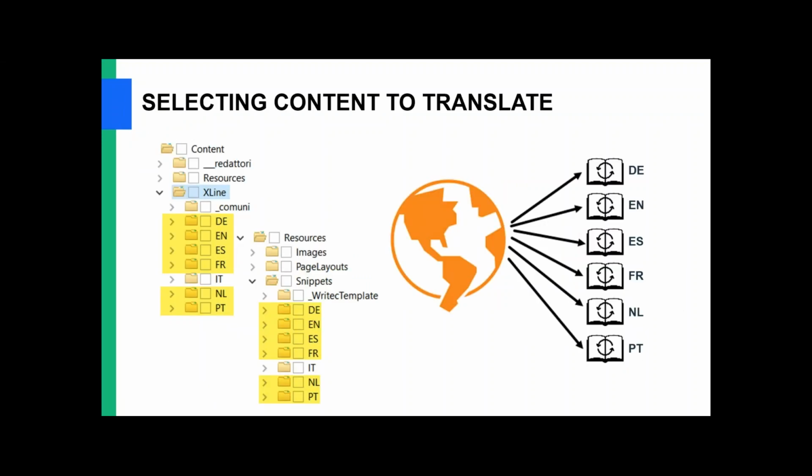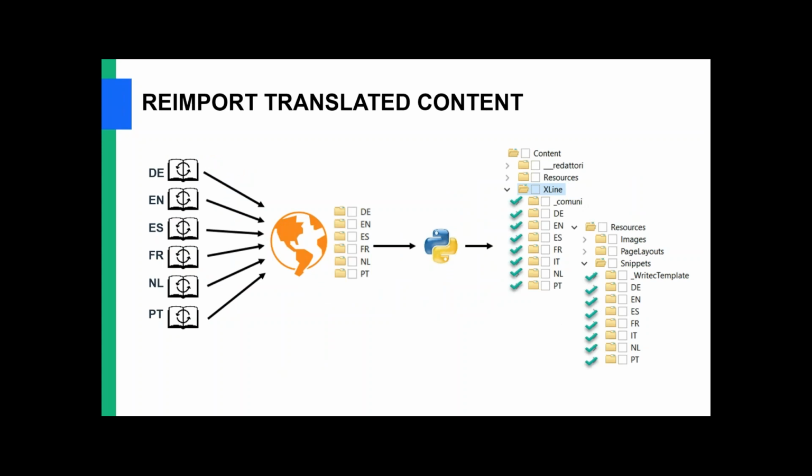So with this file organization, that is different folders for different languages, selecting content to translate is fast and intuitive, to select the correct files for the various translation languages. And then when the translation returns, it's easy to bring those files and paste them back in the original Flare project.